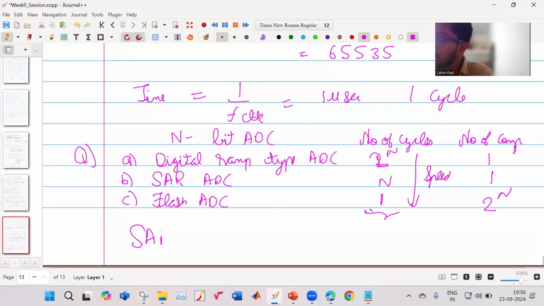The SAR ADC is the one which I have used. In the microcontroller boards which I have checked, both Texas Instruments and the STM32 microcontroller use SAR ADC. So this is the case for the ADC.